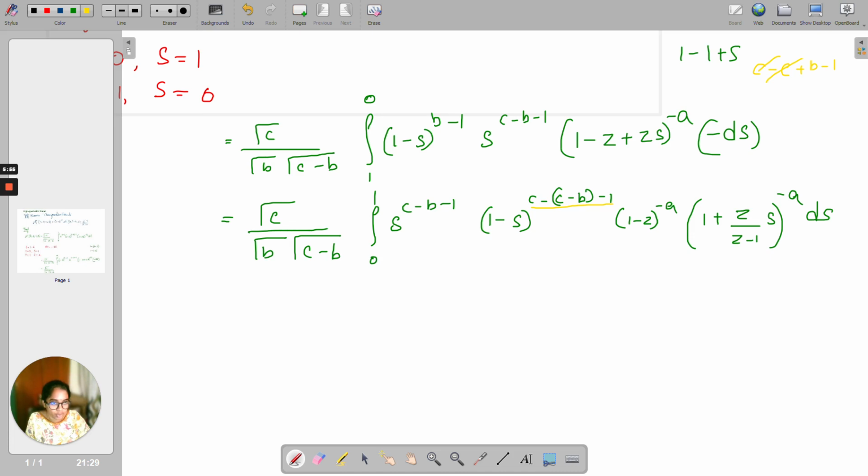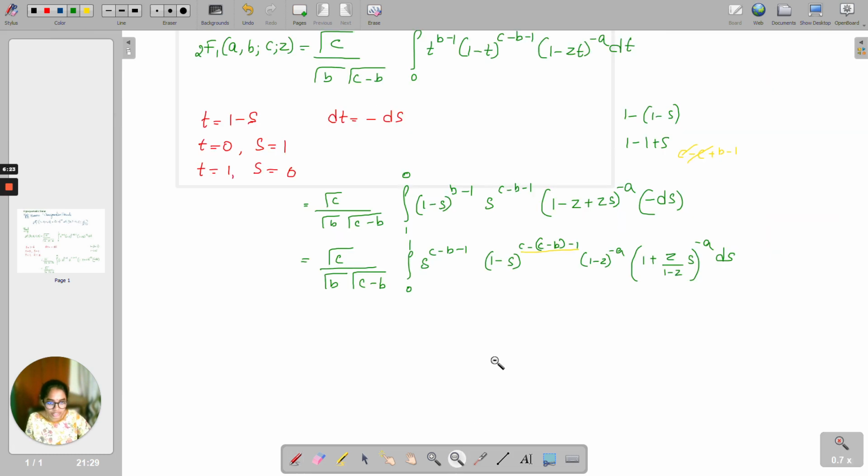Since I have minus a, even that comes with 1 minus z. So in this place I can write 1 now, and I should divide z by 1 minus z. So here I would write 1 minus z.